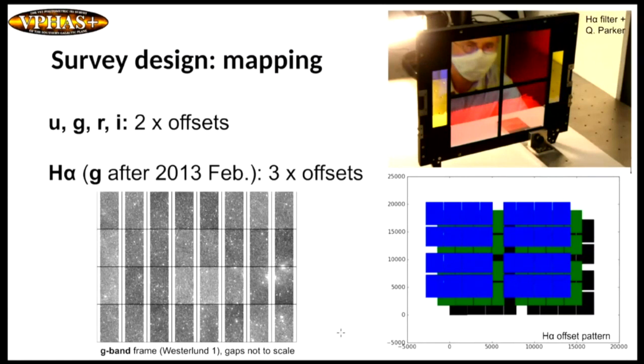And of course, this filter also is made of 4 different parts that needed to be really well tuned in order to have very similar central wavelengths. And later on, there were also 3 offsets for the G band in order to ensure a larger coverage and a better depth for the survey.